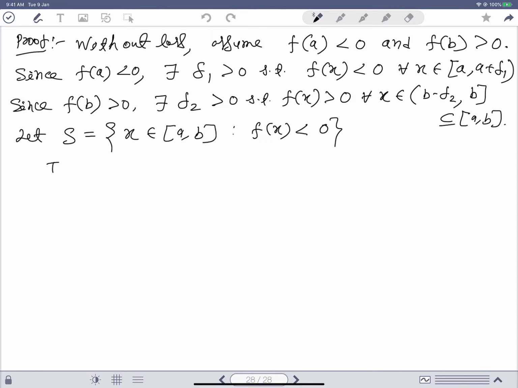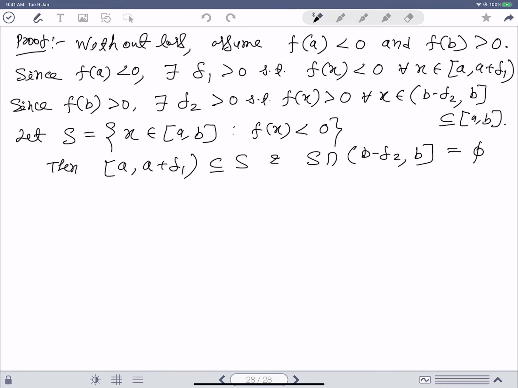Then you can easily check that the set [a, a plus delta 1) is a subset of S, and S intersection the interval (b minus delta 2, b] is empty, right? Because all the elements in this set have f of x bigger than 0 and the elements from S have f of x less than 0, right? Therefore their intersection is empty.